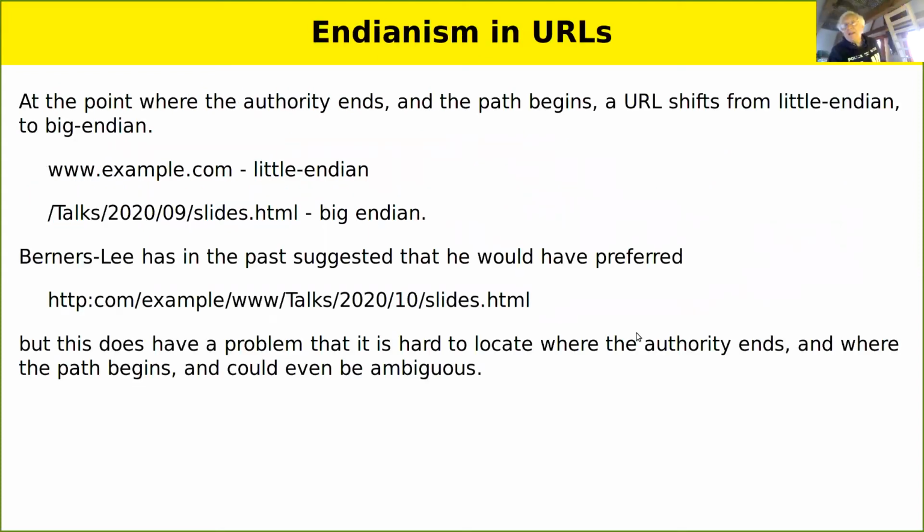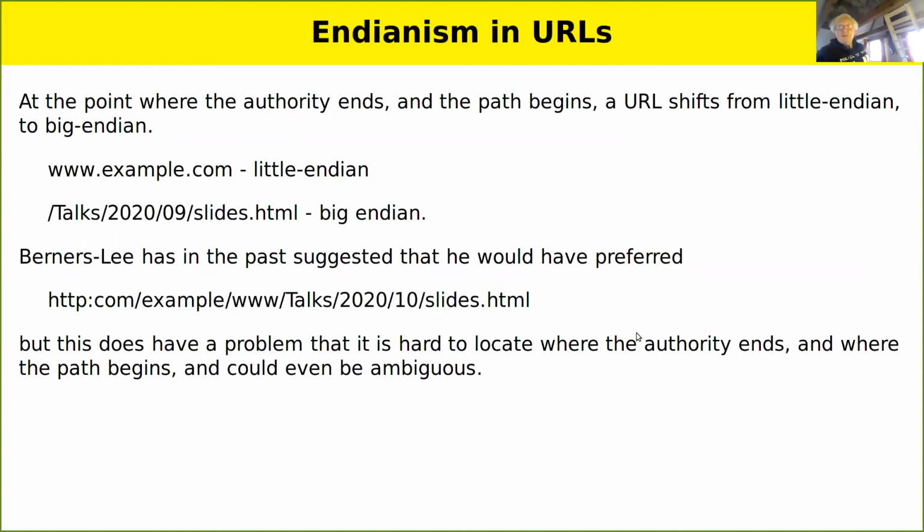Anyway, the whole point of this Endianism discussion is that at the point where the authority ends and the path begins, the URL shifts from Little Endian to Big Endian, because something like www.example.com is Little Endian, starting from low information going up to high information, whereas the path starts at high information going down to low information, so it's Big Endian.